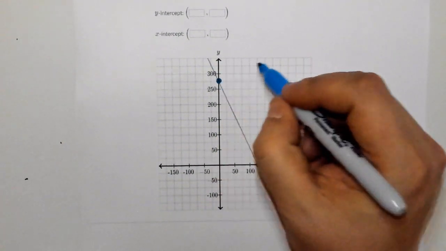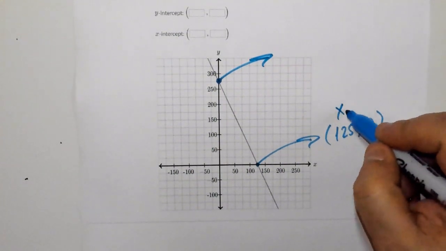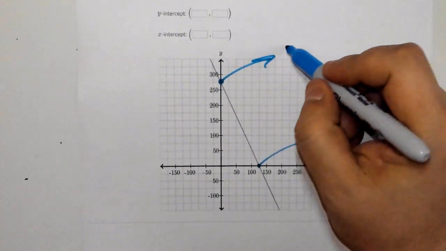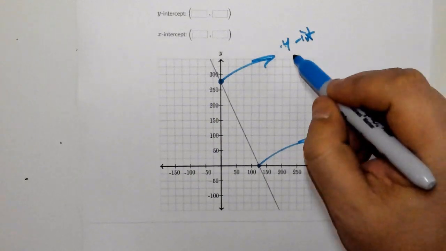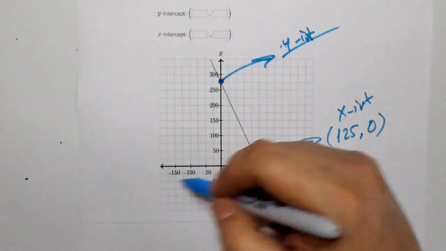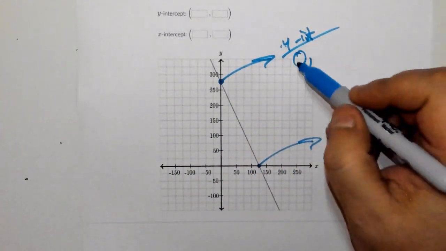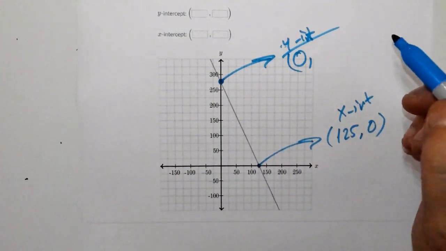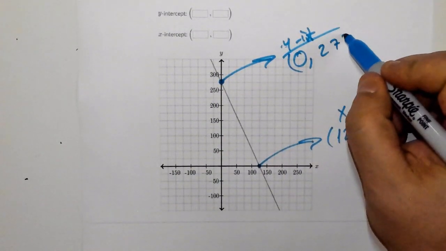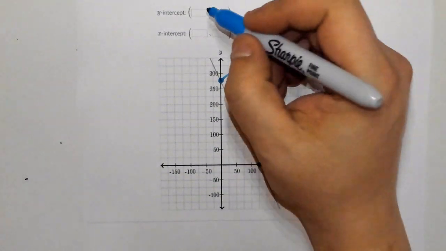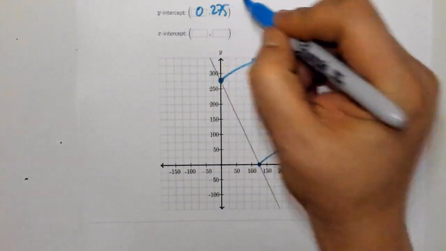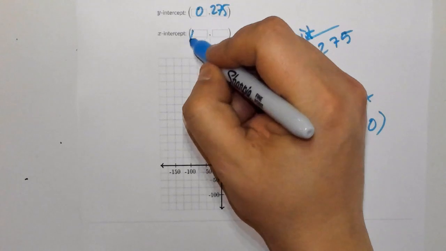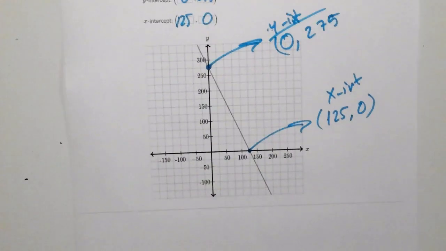And my y-intercept, my x is 0, and my y is 275. So you would be writing 0, 275, and 125, 0, because those are the 2 points where my line is crossing the x and y axis.